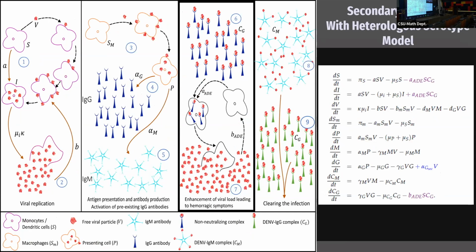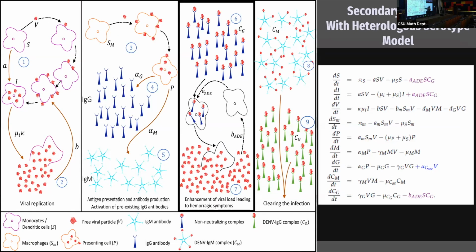But when we deal with the more complex situation, the secondary infection with a different serotype of virus, we have two replications that we call antibody-dependent enhancement. We have this viral replication as before, then IgG takes place first, followed by IgM.